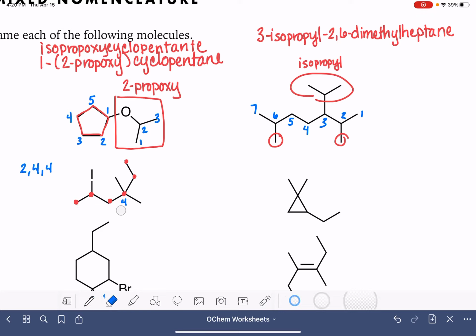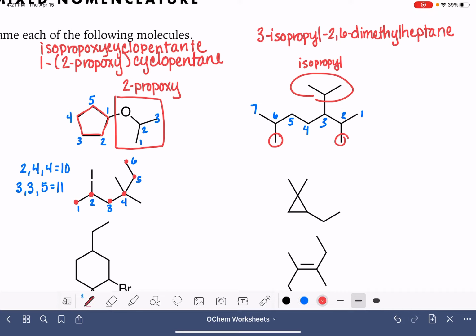And if we number in the other direction, we're going to get a 3, 3, 5. If it's kind of hard to tell just initially by looking at it, what you can do is add those numbers up. And the lowest sum is going to be the best set of numbers. So that means we want to go back to the original numbers, 1, 2, 3, 4, 5, 6 from left to right. Alphabetize these substituents.